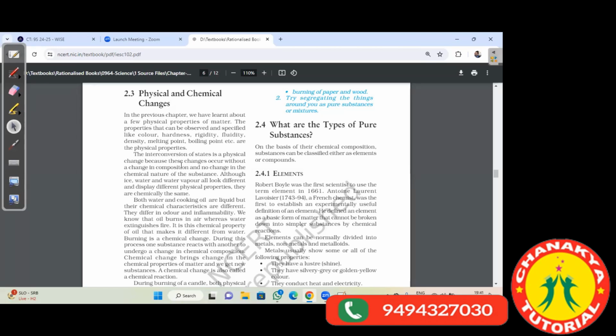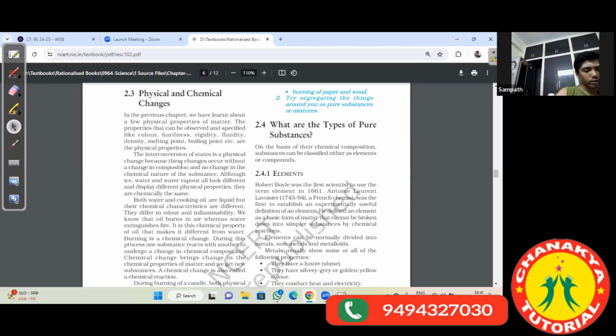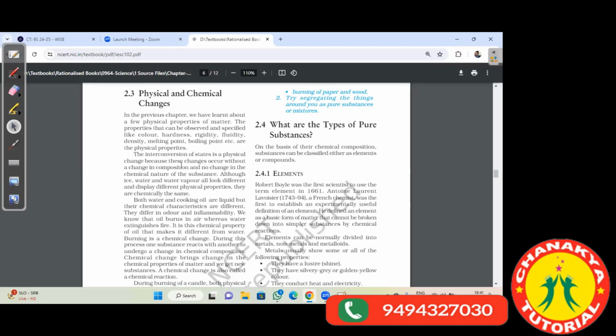What about curdling of milk? Chemical change. We have a change in the property of milk. The taste and flavor change, and we have a change in chemical property, as it becomes acid. So curdling of milk is a chemical change.